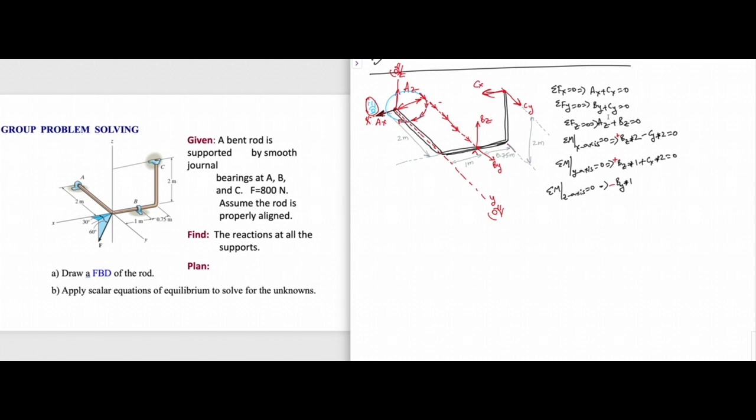What about CY? Yes, CY has an effect, and from z, CY is there. That distance is 1.75, isn't it? What is the distance? That distance is 1.75, and that is exactly the distance we want here.